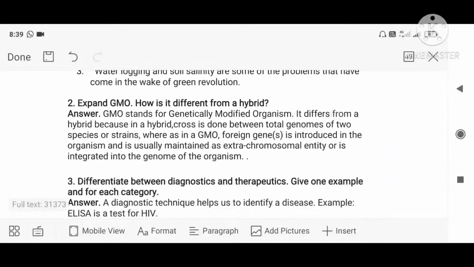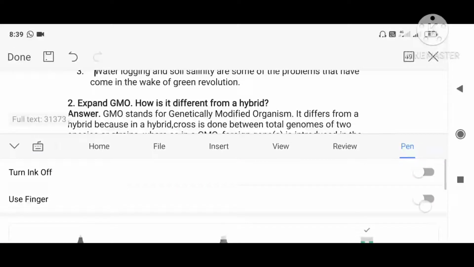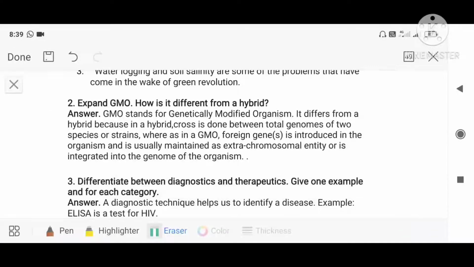Expand GMO, how is it different from hybrid? You know what is GMO, genetically modified organisms. How is it different from hybrid? Listen students. Imagine this is a cell. Into the cell I am introducing the bacteria which is containing my foreign gene.